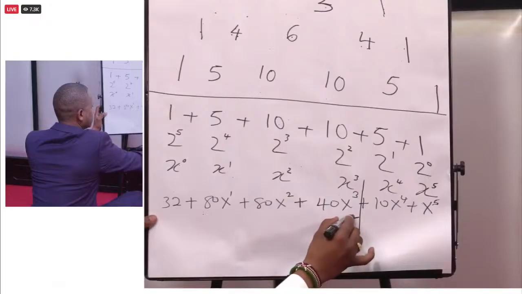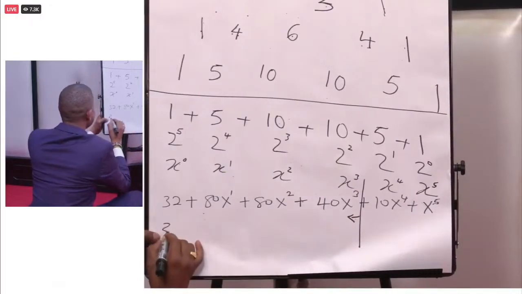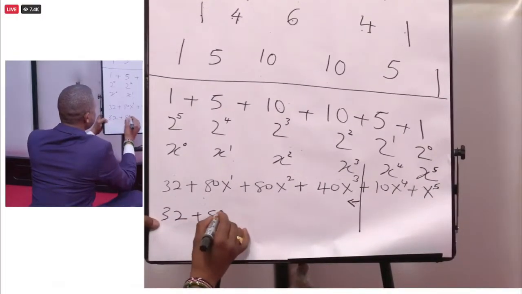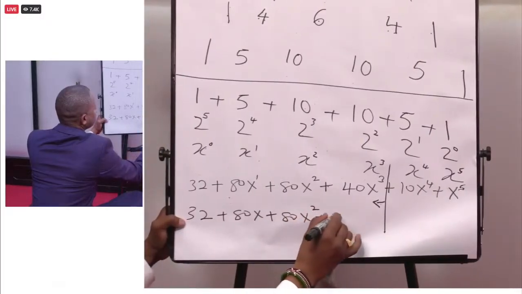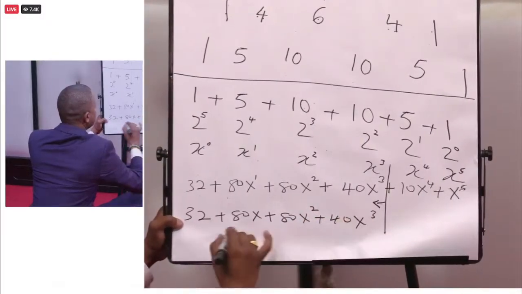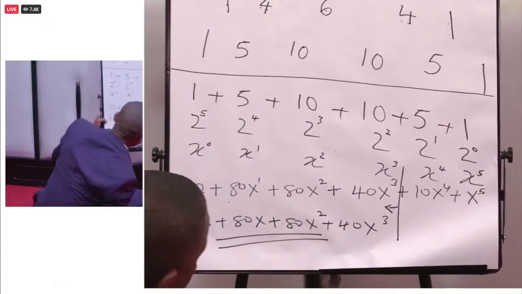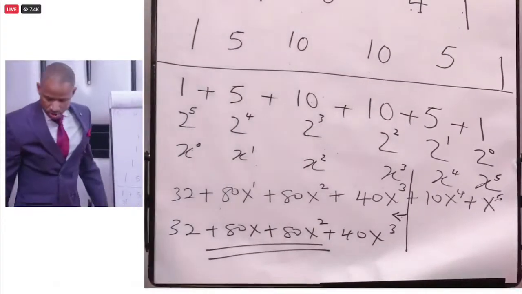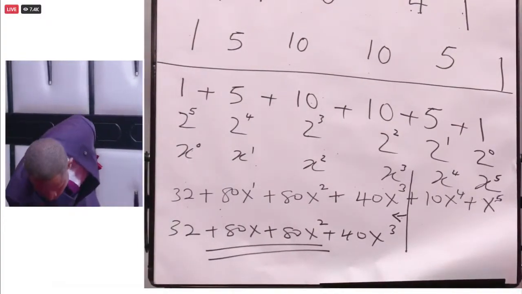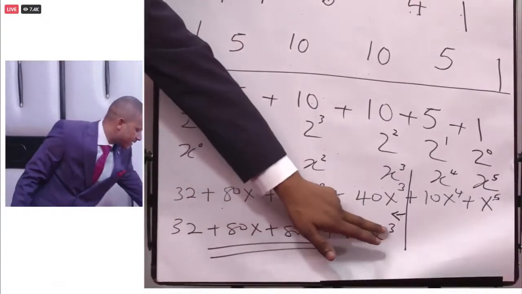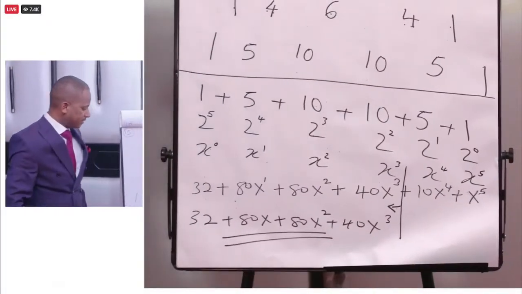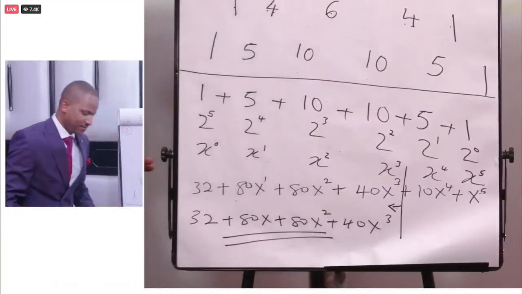So this is what we'll deal with. So our answer here is 32 plus 80x plus 80x squared plus 40x cubed. That is what the question wants. This is the expanded form up to the term x raised to power 3.